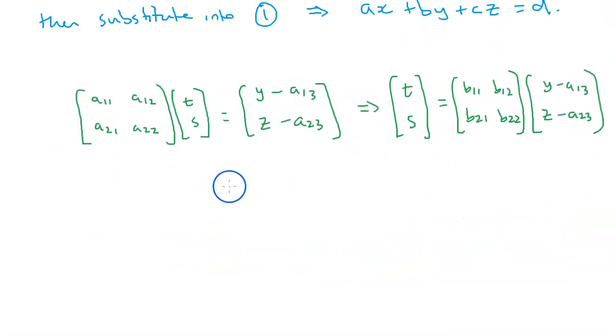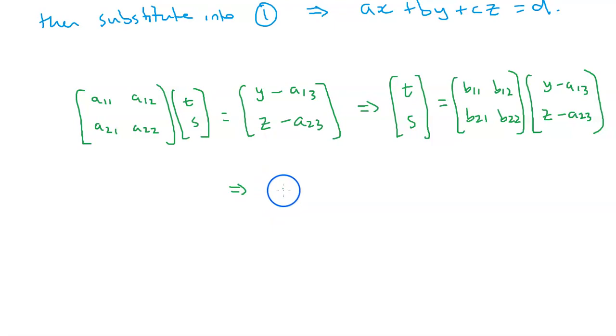And then from there we can just observe that T is going to equal B11 times Y plus B12 times Z minus B11 times A13 minus B12 times A23.